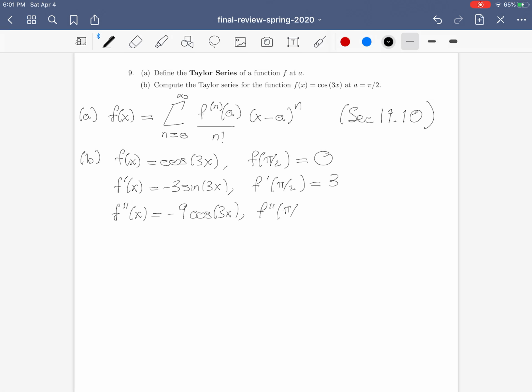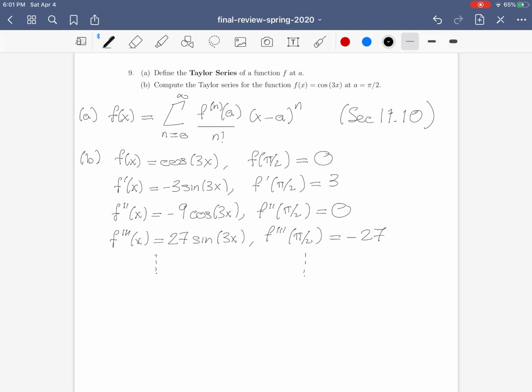So f double primed of pi by 2 is again equal to 0. f triple primed of x is equal to 27 sine 3x. So f triple primed of pi by 2 is equal to negative 27, and so forth.